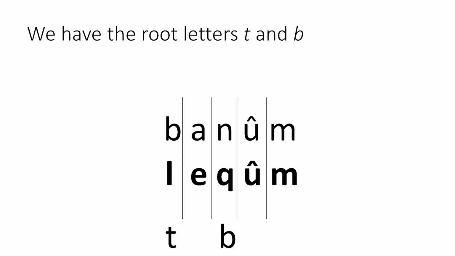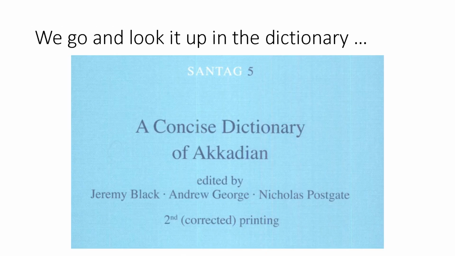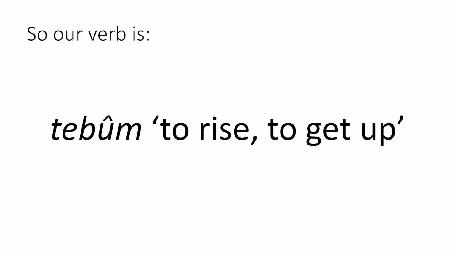Our two root letters are t and b, so the G infinitive will be tebûm, and we can look this up in the dictionary. Voilà, it exists, which is always reassuring. The dictionary tells us it means to get up, to rise.